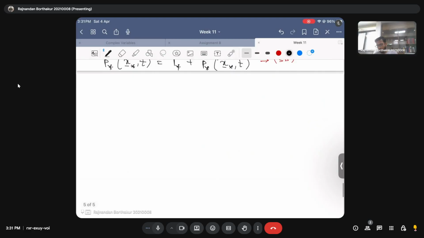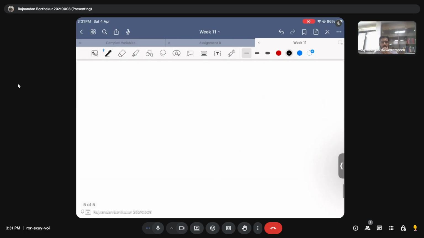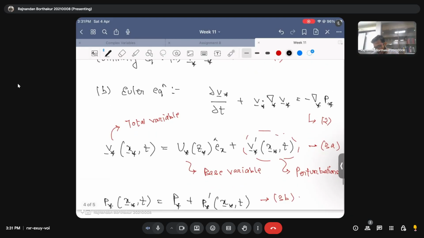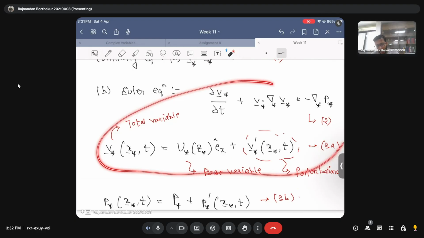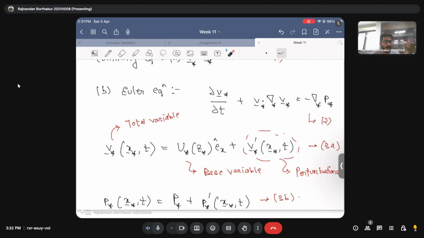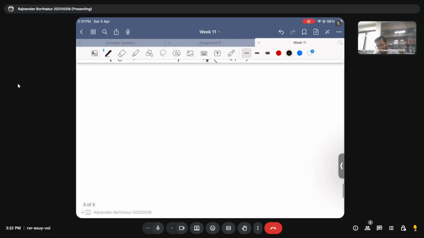Our objective is to find the equations that govern the perturbations. If we have the equations that govern the total variable, and somehow subtract the equations that govern the base variable, we will eventually get the equations that govern the perturbations. That's the idea. So now we will see whether the base variable satisfies these equations.